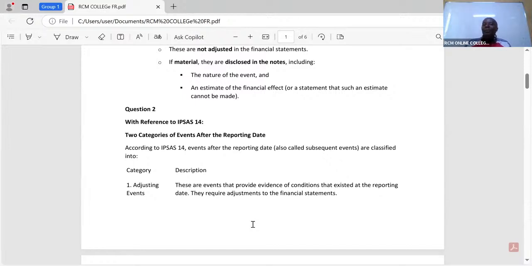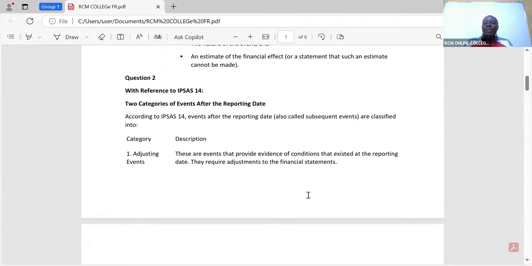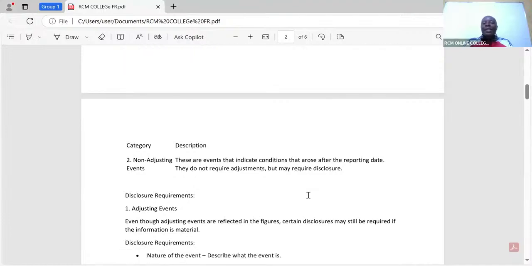According to IPSAS 14, events after the reporting date, also called subsequent events, are classified into two. Adjusting events are events that provide evidence of conditions that existed at the reporting date. They require adjustments to the financial statements. Non-adjusting events are events that indicate conditions that arose after the reporting date. They do not require adjustments, but may require disclosure.